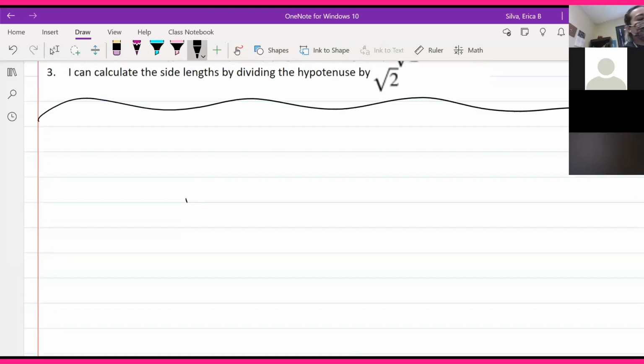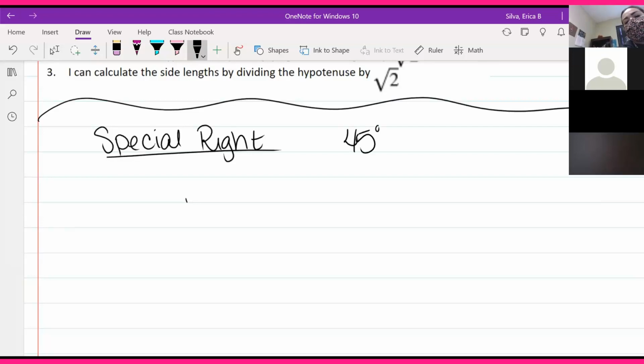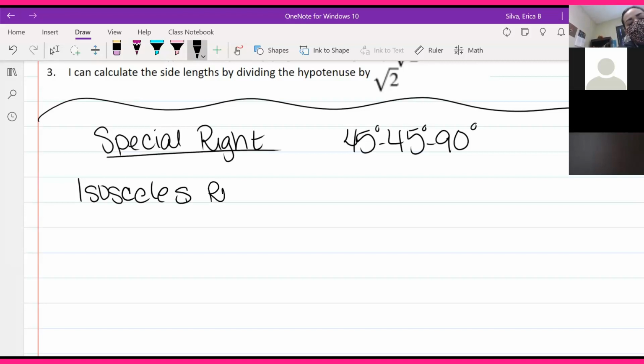Okay, let's go ahead and start this off. This is my first type of special right triangles. The degree measures are 45, 45, 90. So when you hear somebody say it's a 45, 45, 90, that's what they're talking about. And those angles create isosceles right triangles.